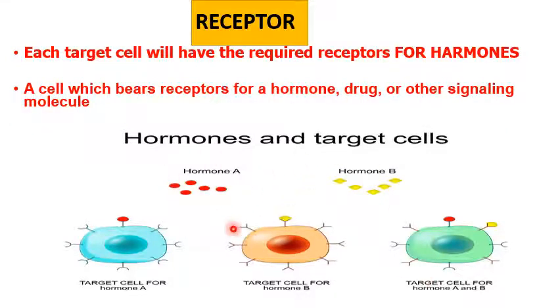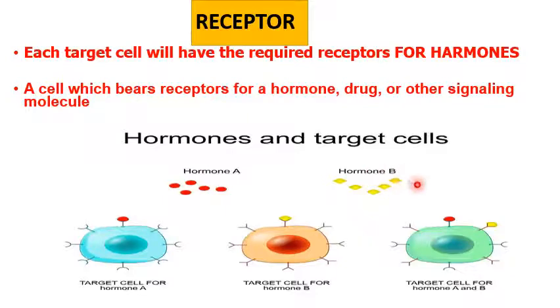Here you can see a pictorial representation where there are two hormones, A and B, and there are cells also. This is a target cell which accepts only the signal of hormone A, only those hormones are accepted by this receptor because it has only the receptor binding shape for hormone A. See, the receptor binding site is quite round, so hormone A is also round.